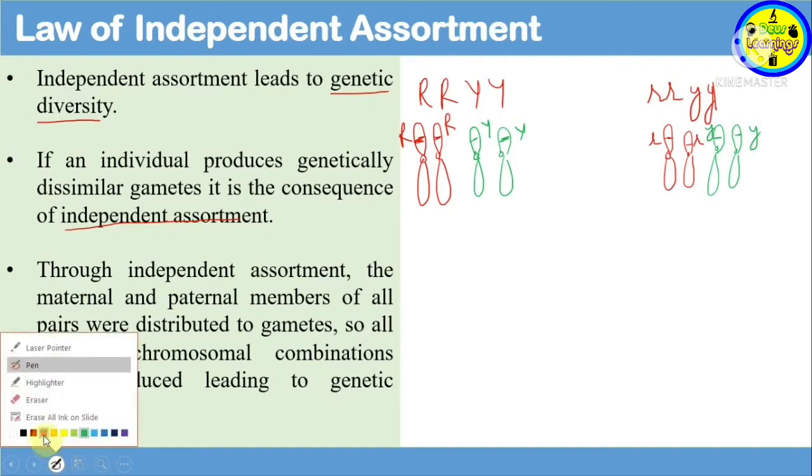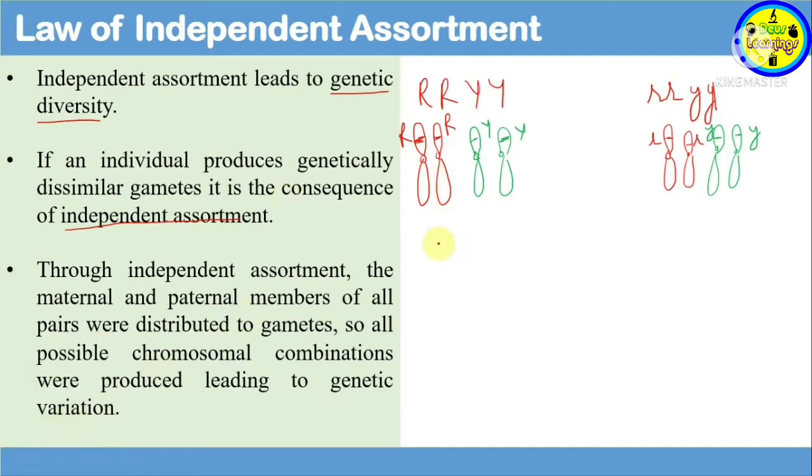Okay, so during independent assortment, we have meiosis 1 and meiosis 2. So what actually happens? From interphase, when they enter the cell cycle, they enter meiosis. When they enter meiosis, the chromosomes will be like this.